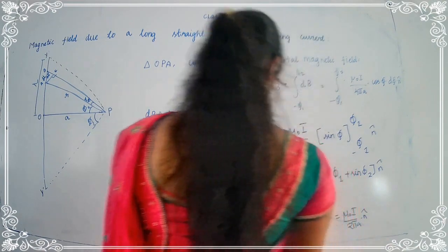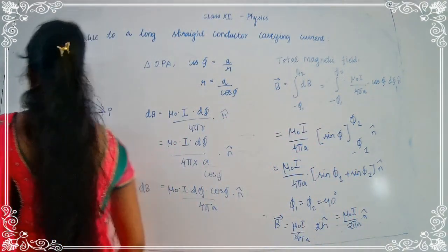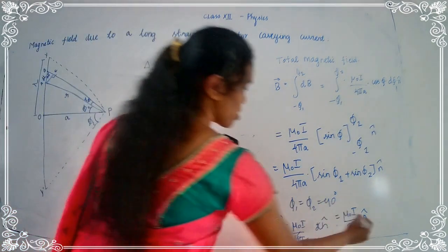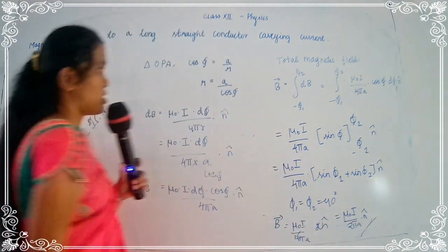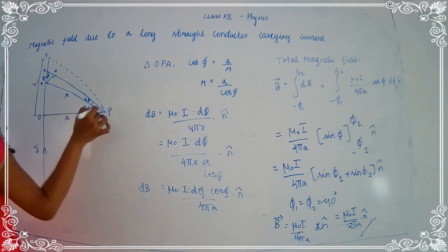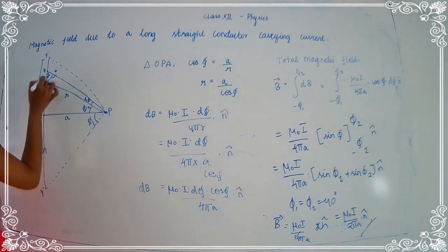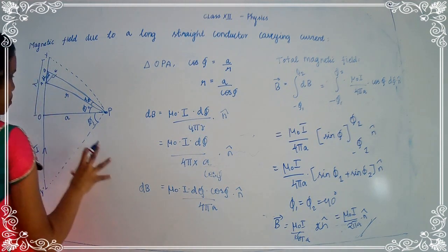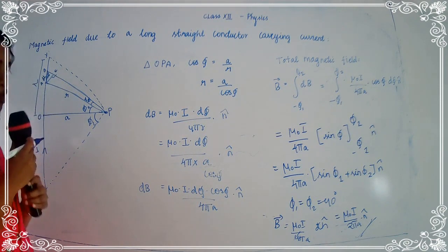Okay. Right. That's all. This is the first one, the total magnetic field. This is the final answer. This is the magnetic field for an infinitely long conductor carrying current. Current is flowing here, and we have placed a point P. From this, we take a small element AB, find the magnetic field of that small element, and integrate it, then we get the total magnetic field.